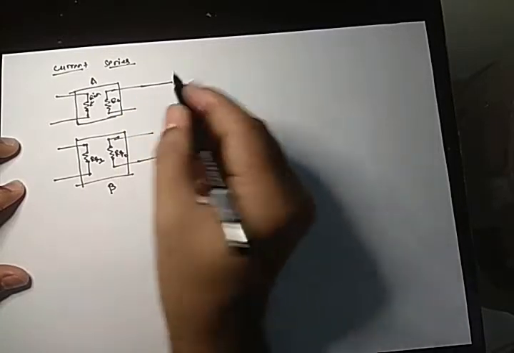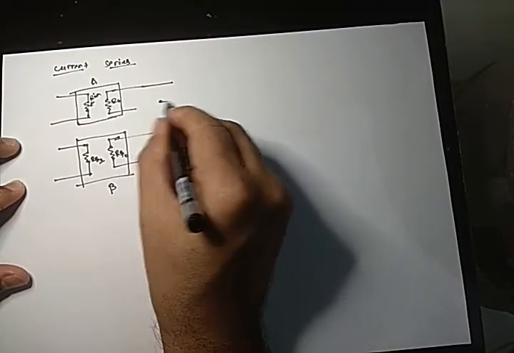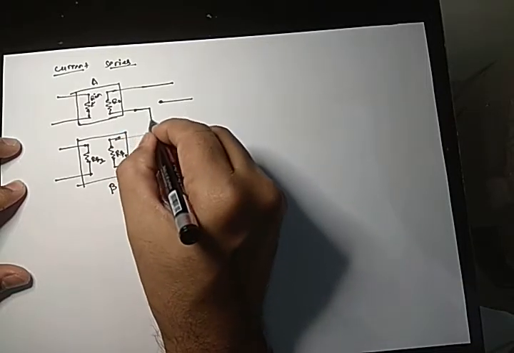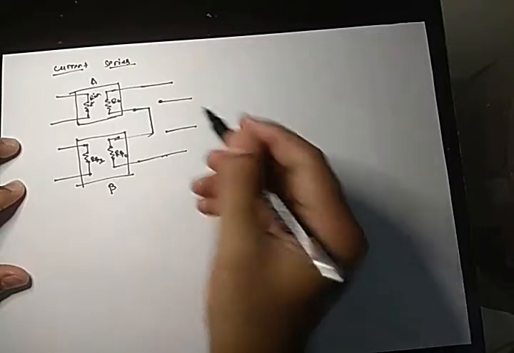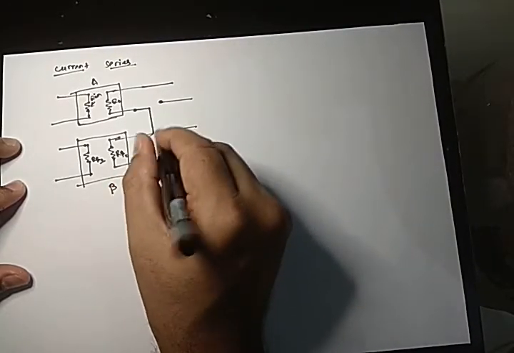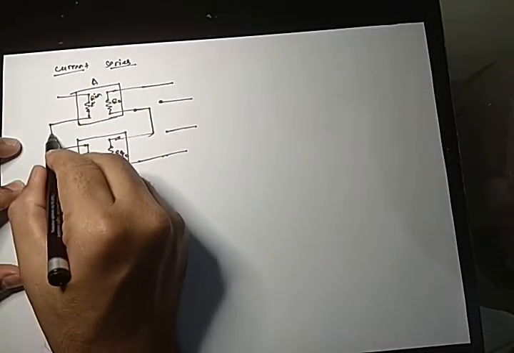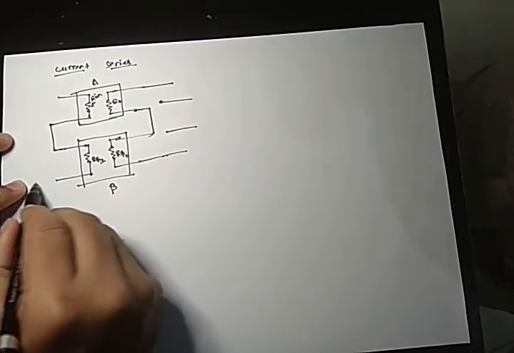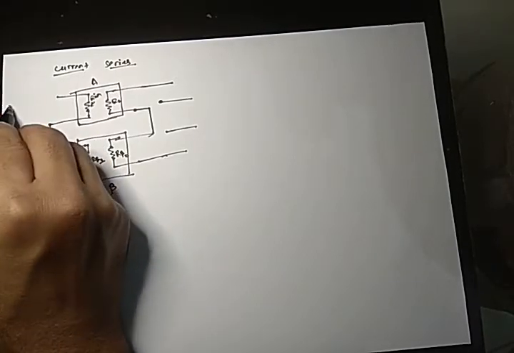How is current being tapped? This is tapped in series. This is the way it is being tapped. Now current is being tapped in series. Now it is saying series. We will give this voltage into series.